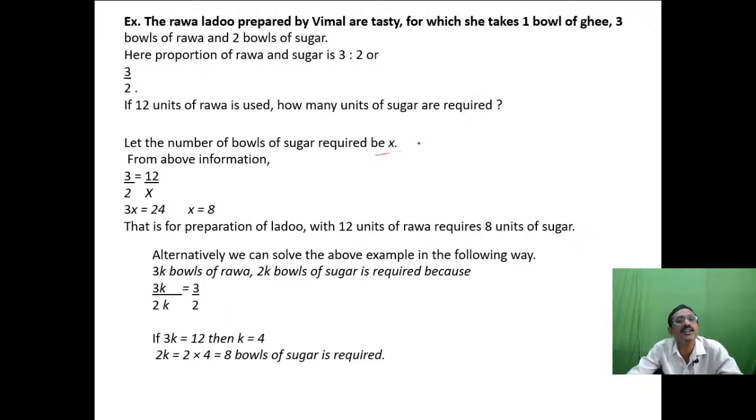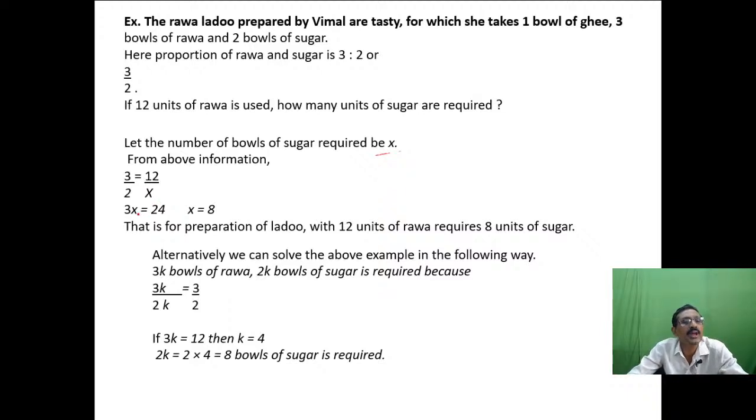Now from this information, the proportion of rava and sugar is 3:2, and we need to find the sugar for 12 units of rava. So we assume a variable for that.